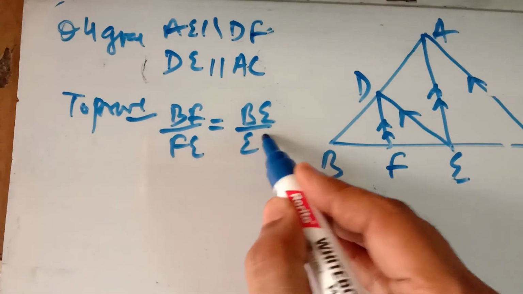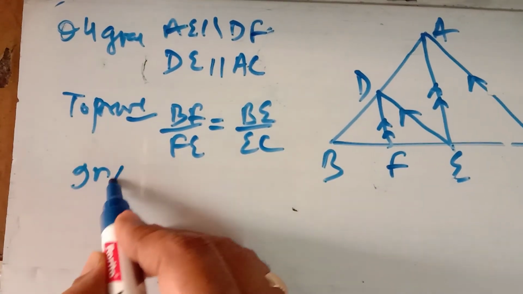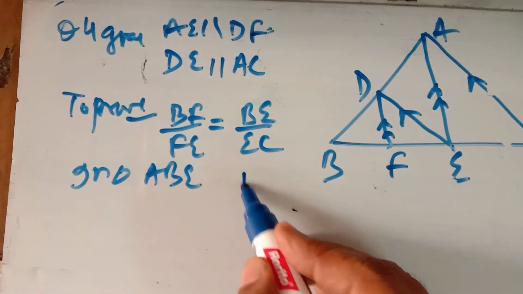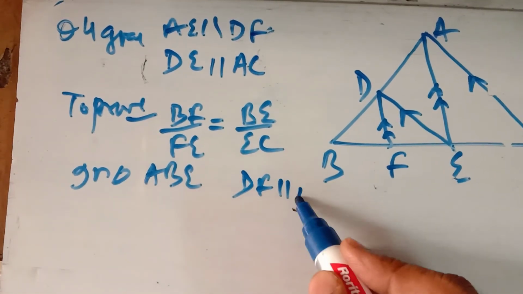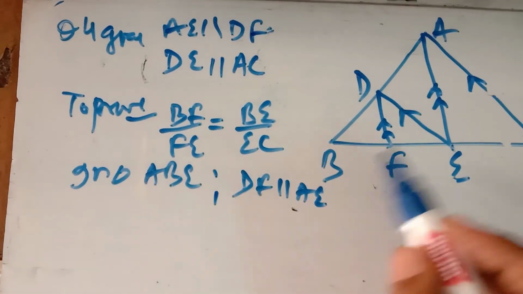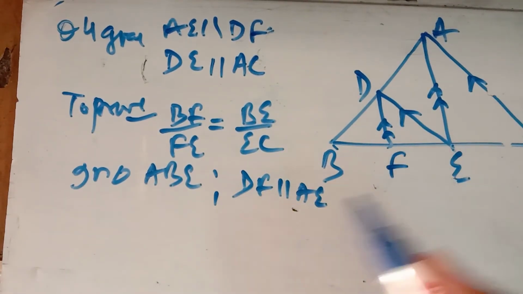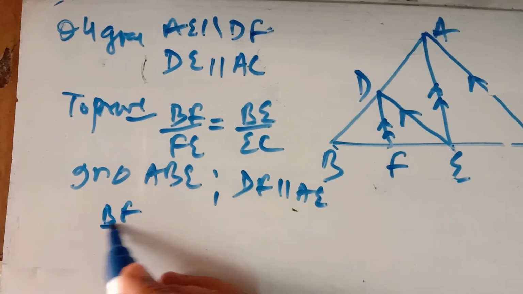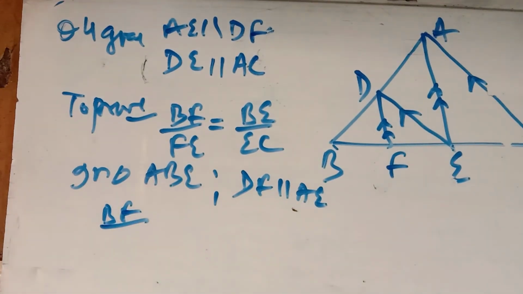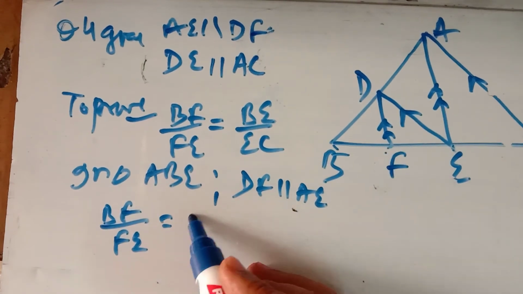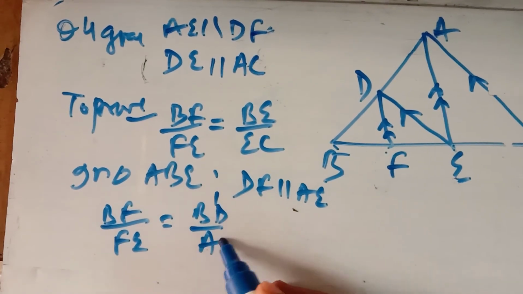See it very carefully. In triangle ABE, DF is parallel to AE, so we can use the BPT: BF upon FE is equal to BD upon AD.